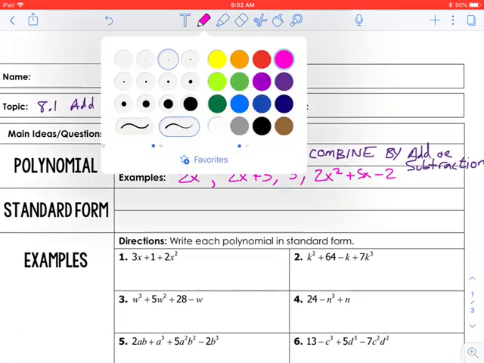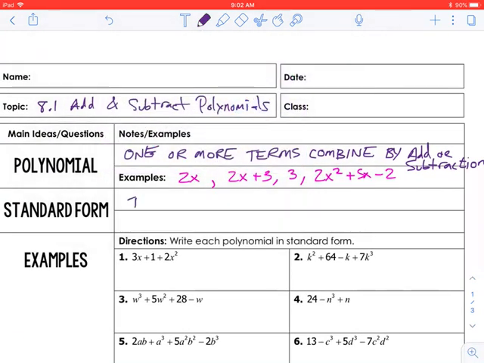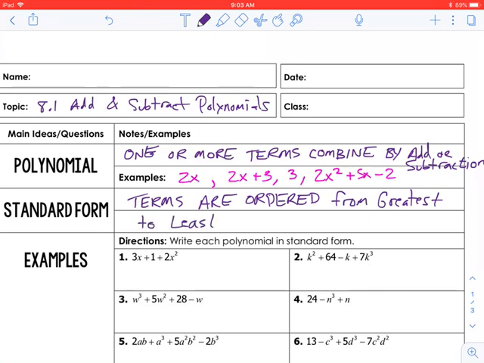Standard form means the terms are ordered from greatest to least exponent.